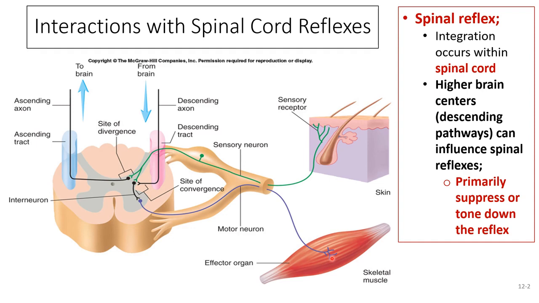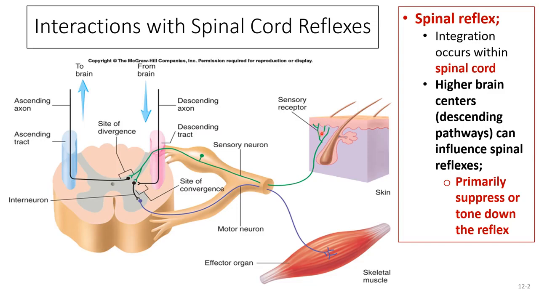So this is called the spinal reflex arc. It's a spinal reflex because the processing or integration of that sensory information occurs in the spinal cord at that level. Okay, so integration occurs within the spinal cord. When you have these sensory receptors firing, remember there'll be more than one of these receptors firing.